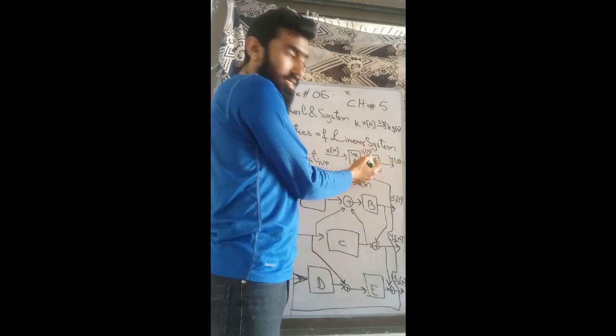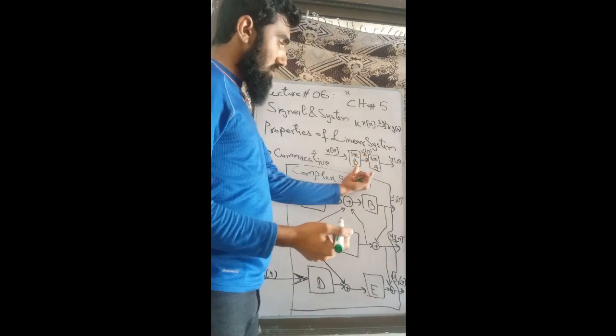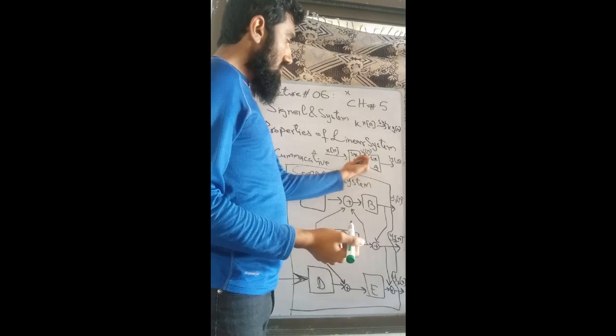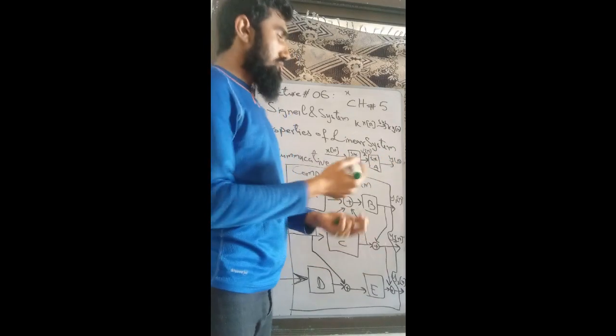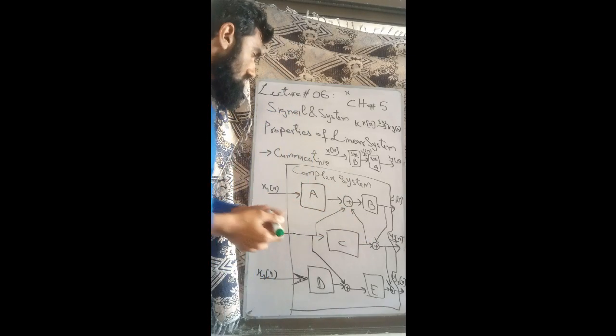But the intermediate signal may change. It may be v2 of n. It is not the same because the functions are different. So this signal may change, but the final output will remain the same. This is known as the commutative property in a linear system.